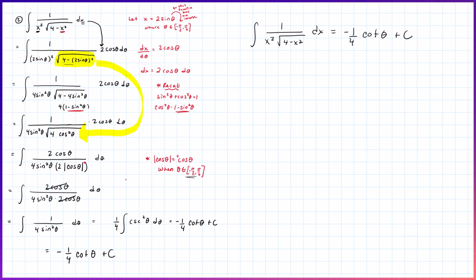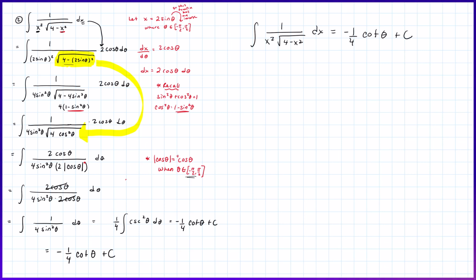What we did right here was we strategically picked a trig function to plug in for x. When we did so, we had to make sure we restricted the domain on the trig function so that we could undo that process, because we needed to have an inverse. So we restricted our theta between negative pi over 2 and pi over 2. We made the substitution. It worked out really convenient, and lots of stuff canceled, and we reduced down to something we could integrate.